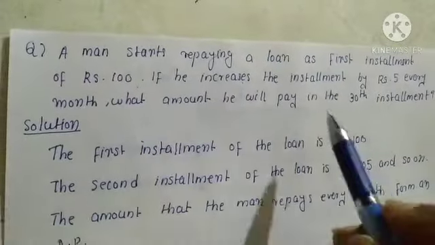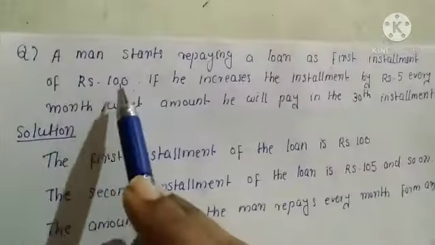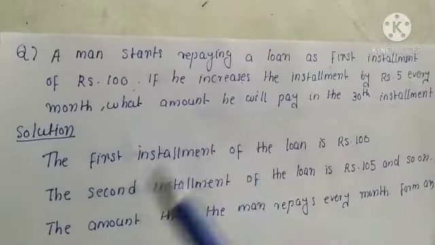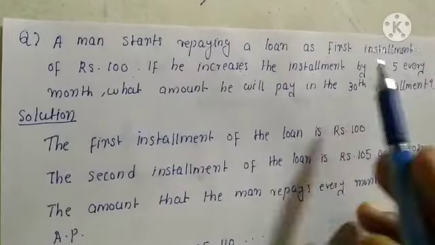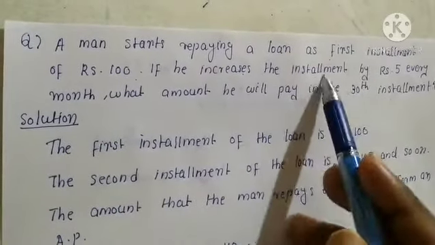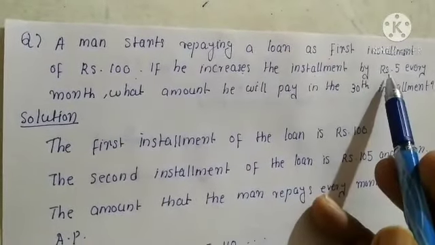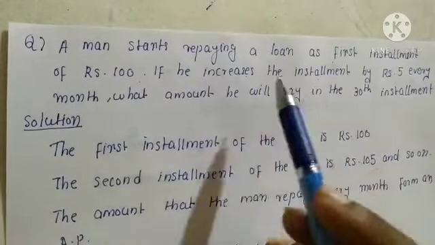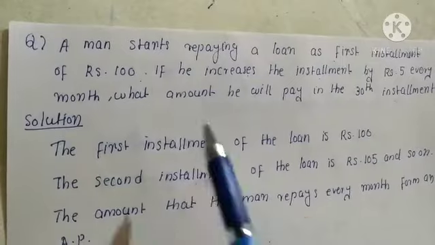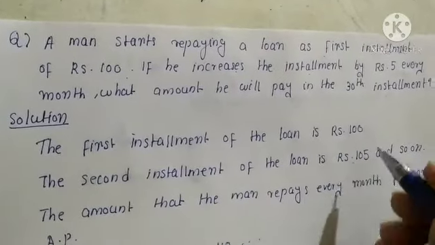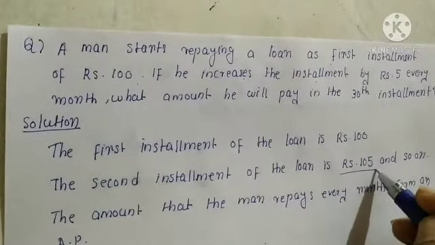The first installment of the loan is rupees 100, and the second installment is rupees 100 plus 5, because he increases the installment by rupees 5 every month. So the second installment is 100 plus 5, which is 105.